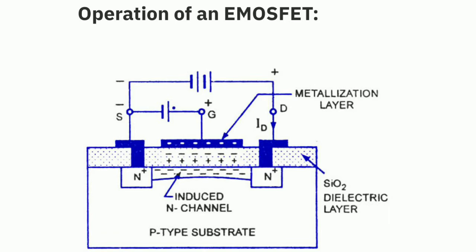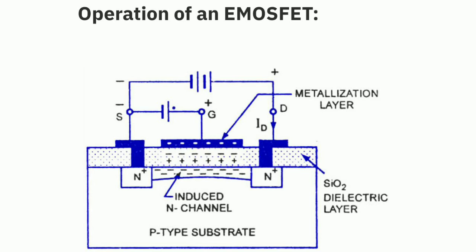At a particular value, this electron concentration increases to such an extent that it induces a channel which joins the two diffused N regions. As the channel gets induced, drain current starts to flow through the MOSFET, and thus the MOSFET is said to be in the conducting state. As you can see in the figure, the electrons are moving, so the drain current is now conducting.